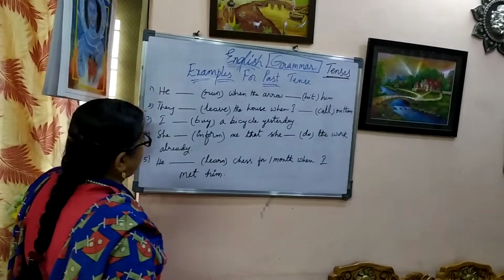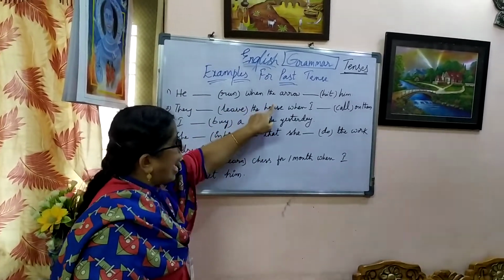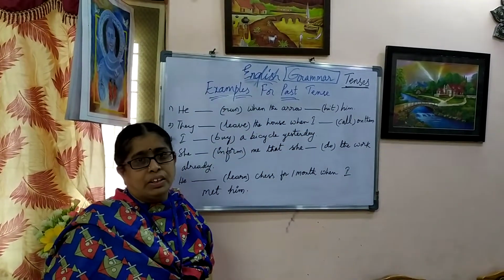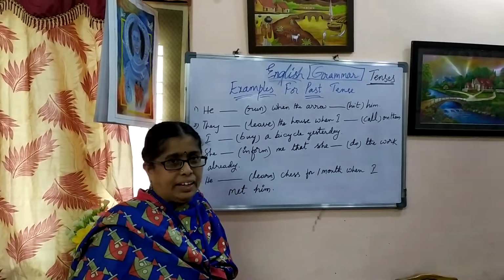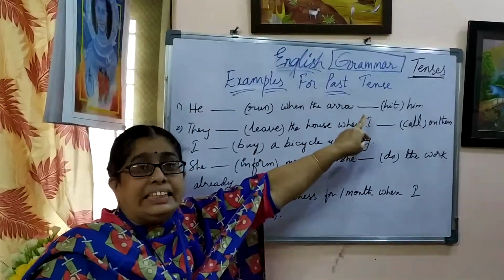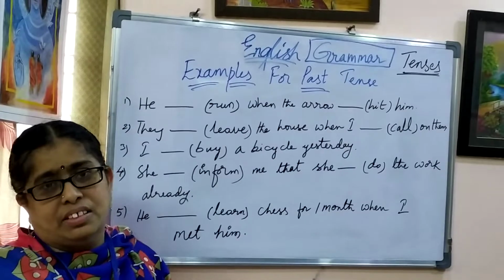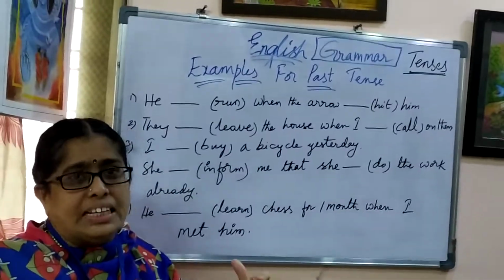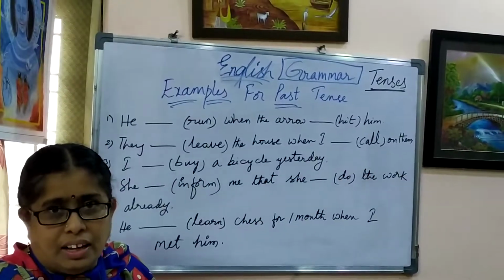First, let us go with the first example. "He was running when the arrow hit him." Here two actions happened, running and hitting, but one action was in progress at the time another action happened.